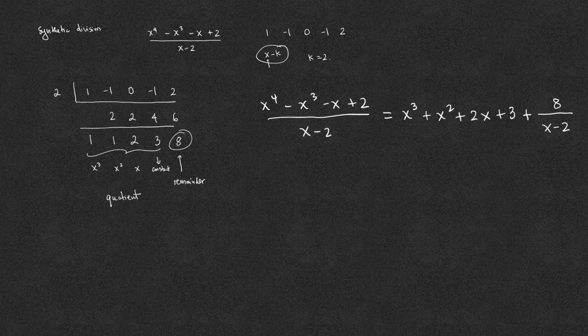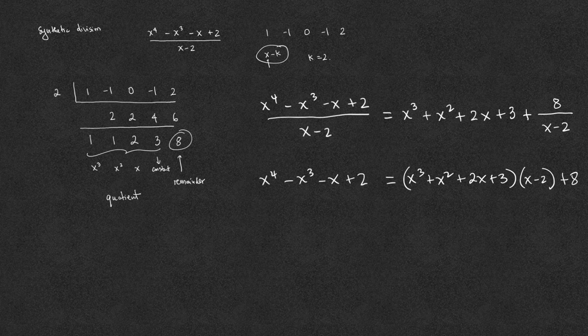Alternatively, we can write the numerator x to the fourth minus x cubed minus x plus 2 equals the quotient x cubed plus x squared plus 2x plus 3 times the divisor x minus 2 plus 8.